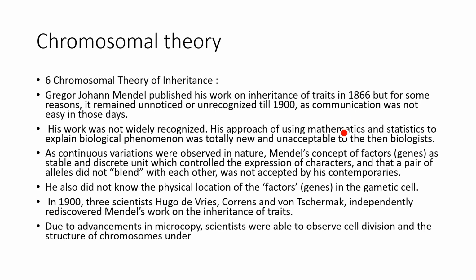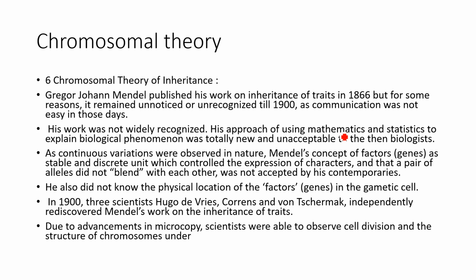Now they explain inheritance and the physical location of the factor, because we know that Mendel called them factors, which are responsible for the transmission of genetic information from one generation to another.